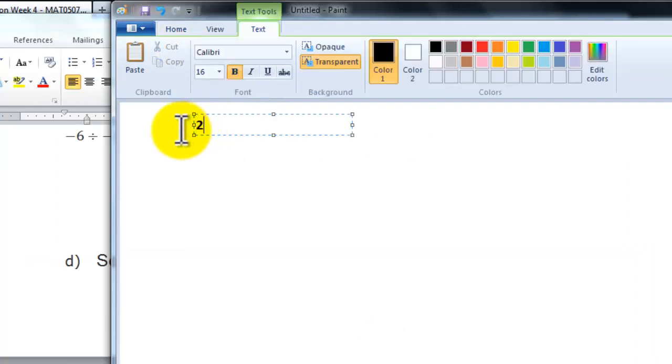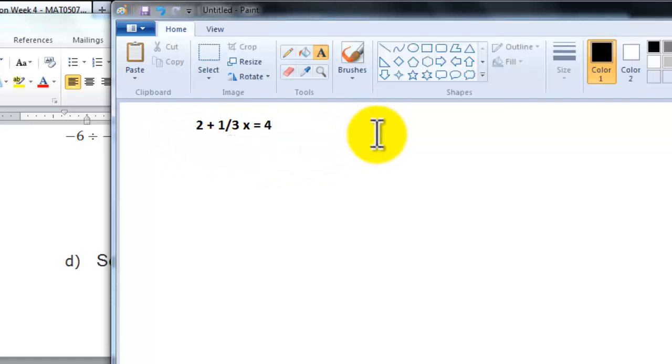2 plus 1/3 x, and of course I can't use fancy tools here. 1/3 x equals 4. Try not to write it as 1/3x. That's actually not correct. You have to write it as 1/3 x.